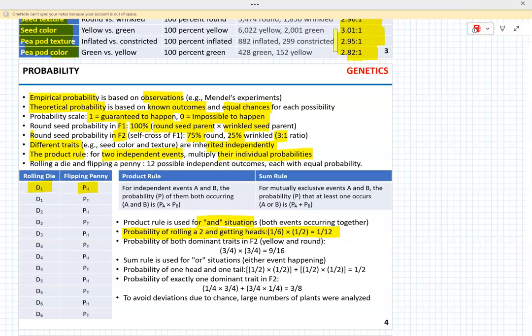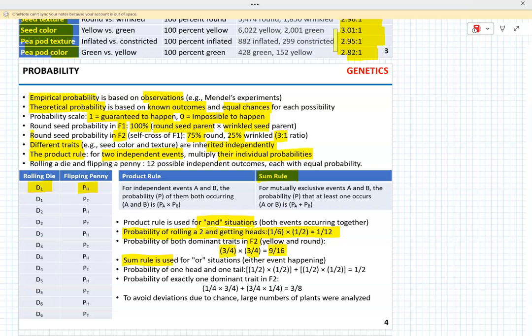So for instance, the probability of two dominant traits in the second filial generation is the probability of each, 3/4, multiplied, meaning that it's 9 out of 16. The sum rule is used for situations in which we ask whether one or another outcome would happen.